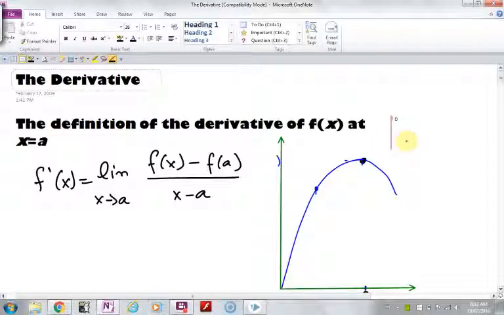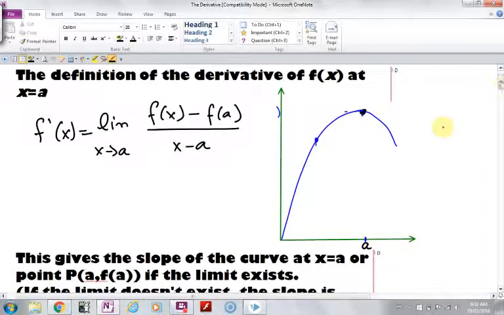Okay, so you've looked at this before when you were finding the limit as x approaches a of f of x minus f of a over x minus a. So here, we're talking about taking a point A. You can see if I scroll this up a little bit, here's the point A. And then any other point on this curve defines a line.